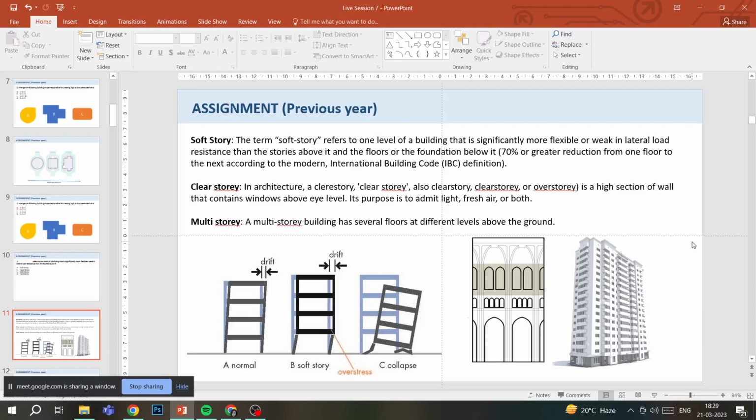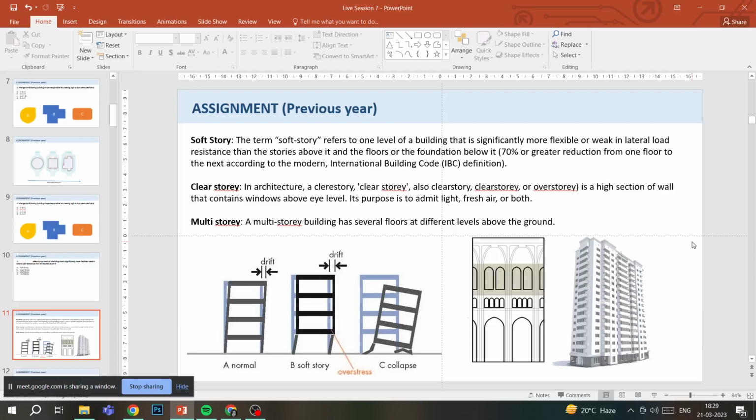So what it is, is that there is a high wall, and that high wall has windows which are above your eye level. You cannot see what is happening in there because it's above eye level, and the purpose of these high windows created on these high walls was to admit light, and that's why it is called clear story.